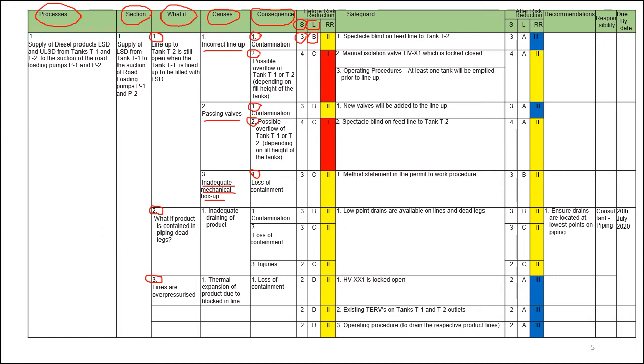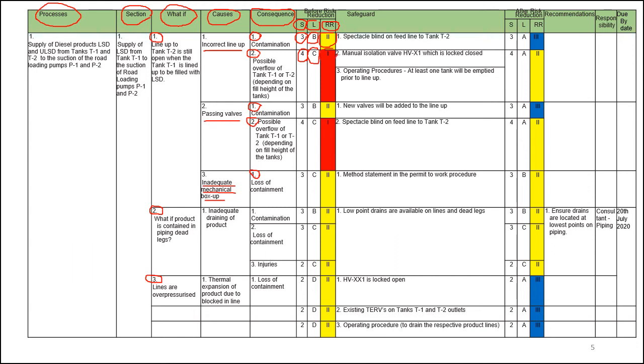But in here, the automatic lookup will be a risk ranking of 2, and it will be on a yellow background. We then look at 4C for consequence number 2, which gives us a red or risk ranking of 1 on a red background.